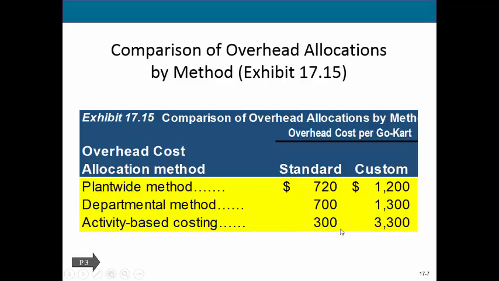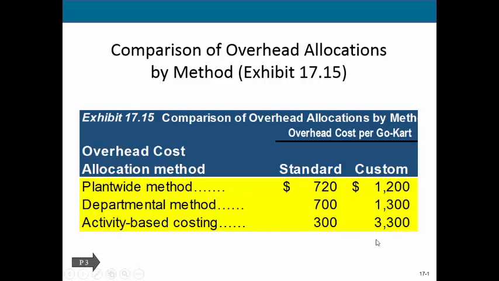You can see when we really understand the activities going on at our plant and we understand which product consumes more activities, we can now see that even though we're making fewer custom go-karts, these custom go-karts are much more costly because we're having to redesign them and we're having to run more batches. And so based on activity-based costing, the overhead allocated related to these custom go-karts is much higher.